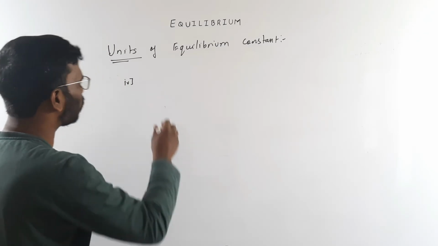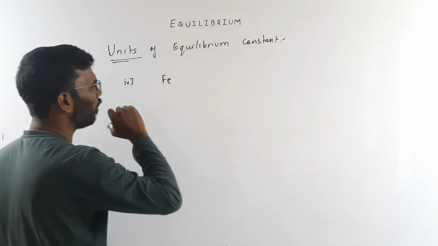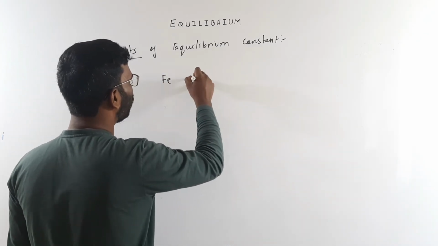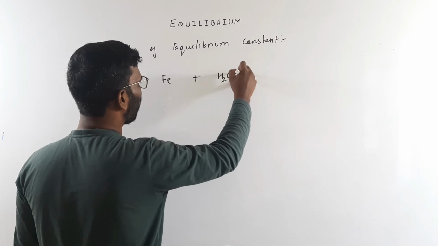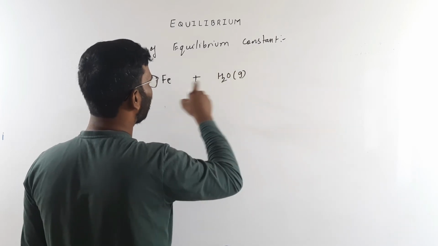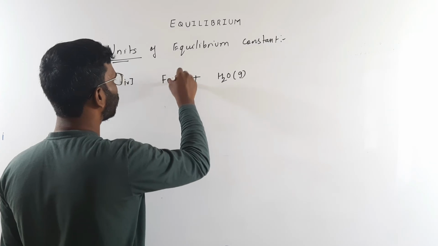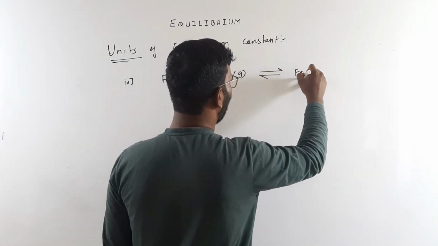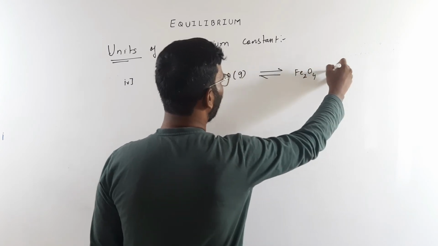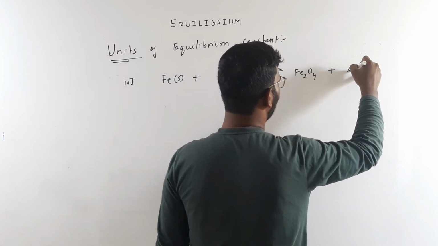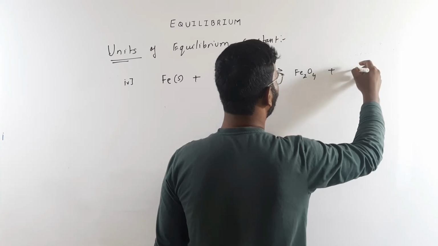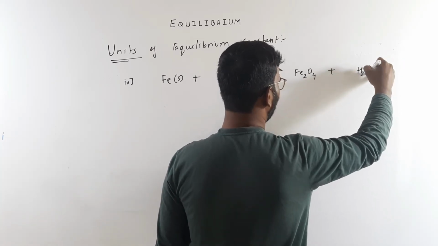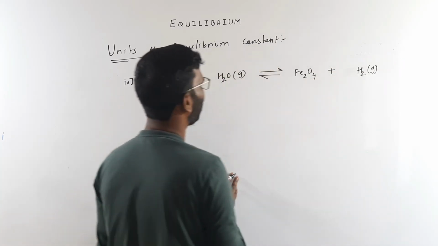Let's take Fe and H2O, where H2O is gas and Fe is solid, in equilibrium with Fe3O4 solid plus H2 gas.